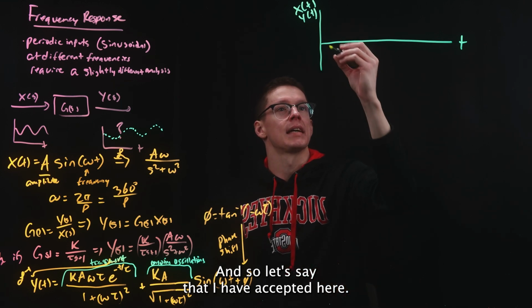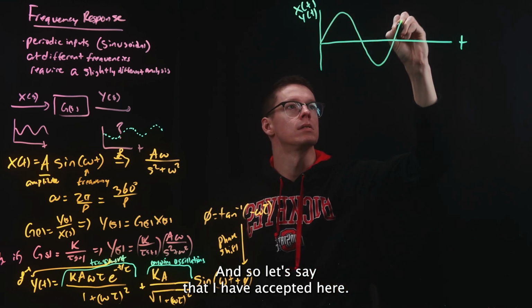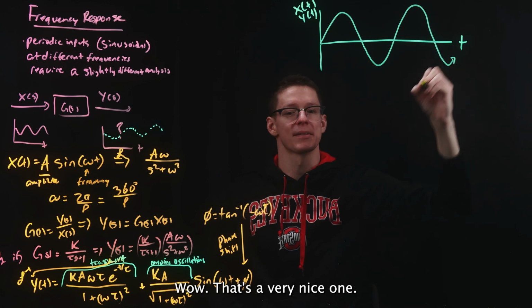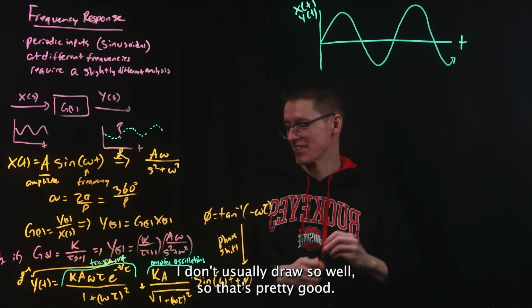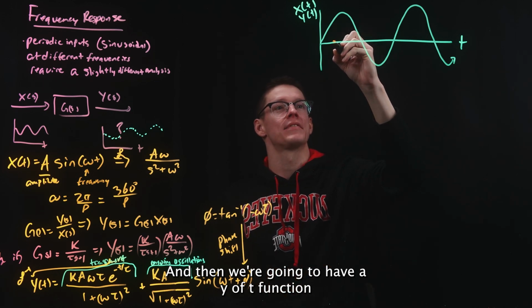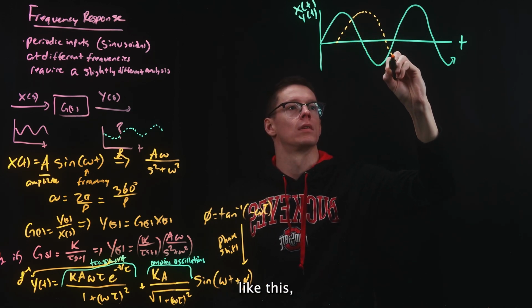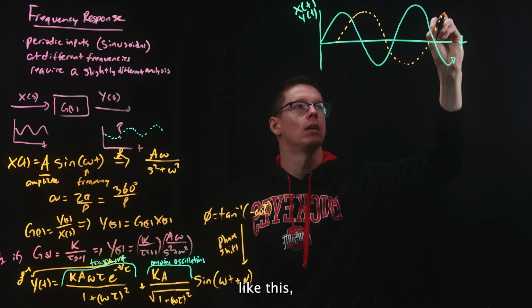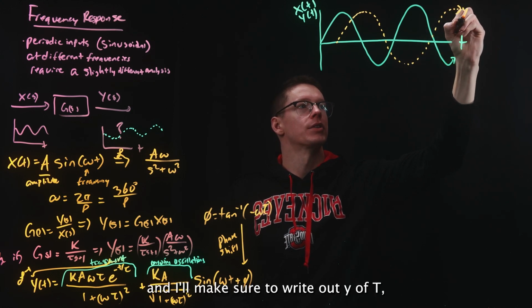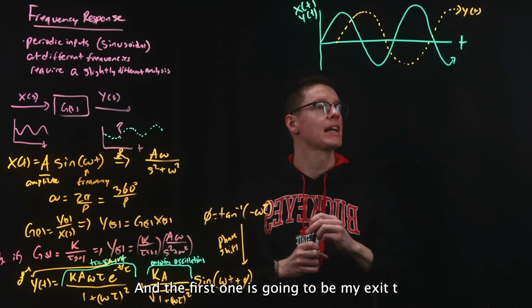And so let's say that I have x of t here. Wow, that's a very nice one. I don't usually draw so well, so that's pretty good. And then we're going to have a y of t function like this. And I'll make sure to write out y of t, and the first one is going to be my x of t.